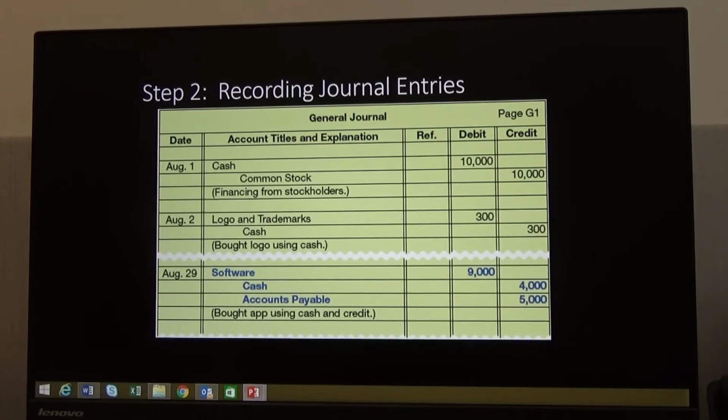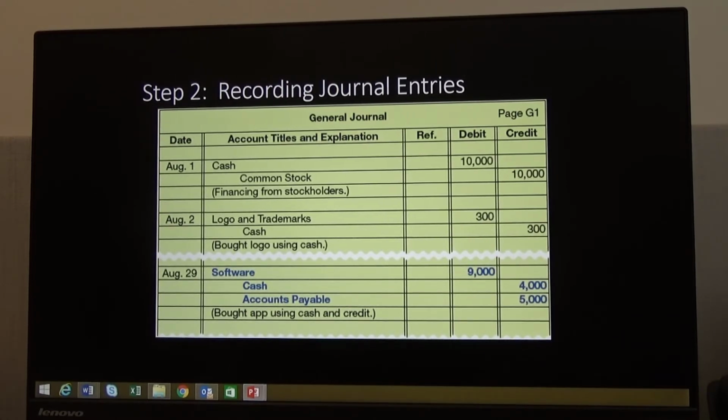The cash account is an asset account, and since the cash increased to the company, we're always looking at it from the company's perspective. The company received cash, and therefore its cash increased. And because asset accounts are on the left side of the accounting equation, they increase with left side entries, and therefore we're going to debit the cash account for $10,000.